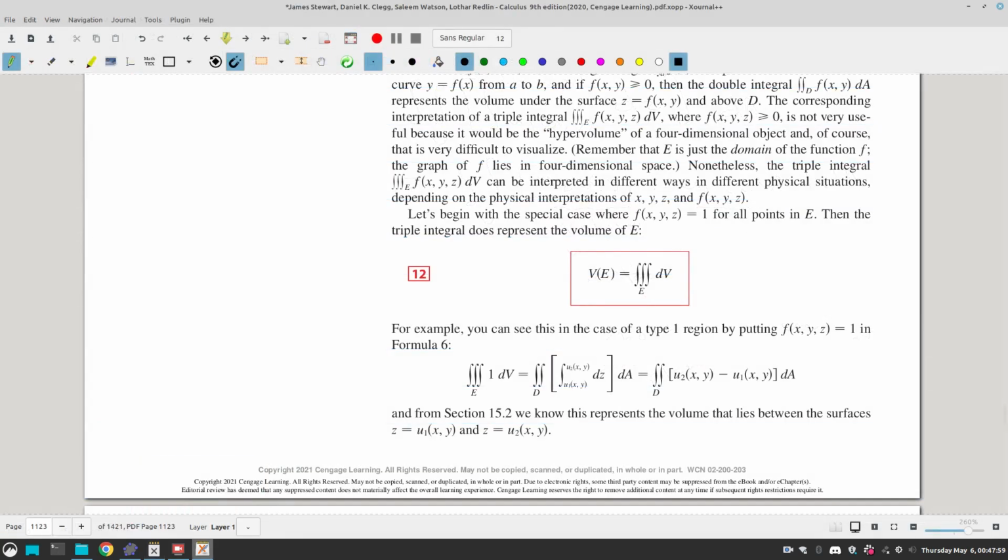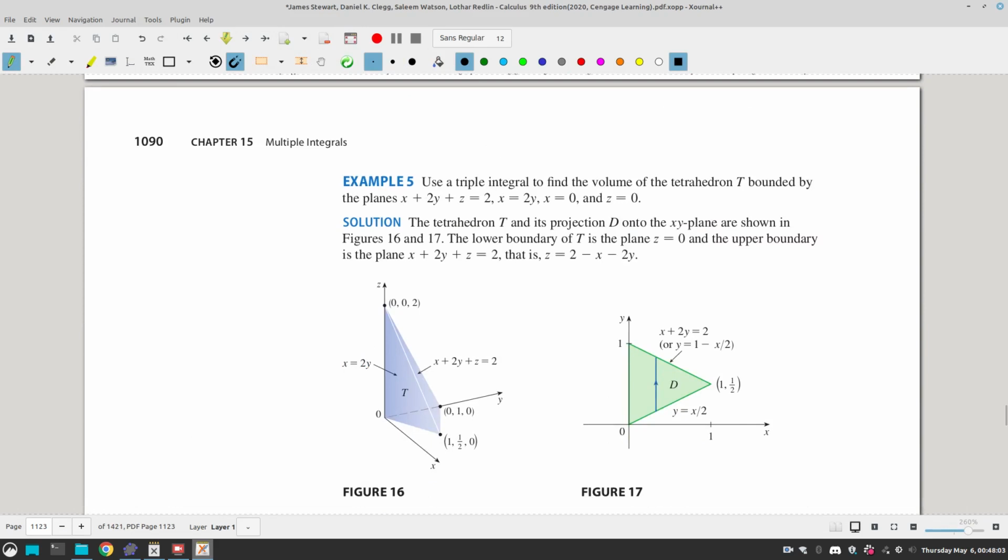So let's look at an example. Use a triple integral to find the volume of the tetrahedron T bounded by the planes x plus 2y plus z is equal to 2, x equals 2y, x equals 0, and z equals 0. Right?